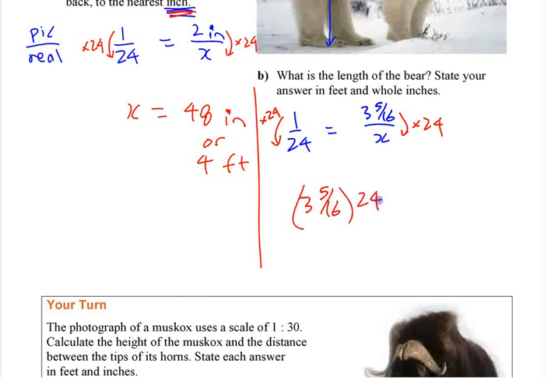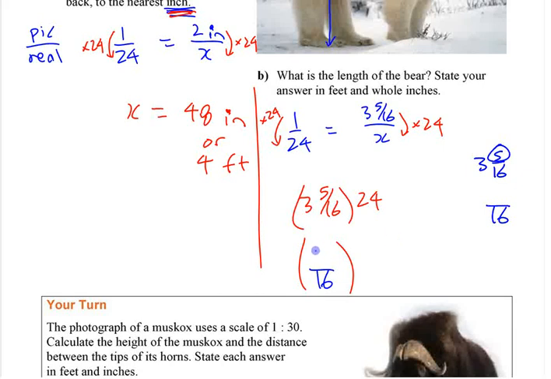Remember that we did stuff like this in the warm-up last week, where you're multiplying a mixed number. You can either use your calculator and put in 3 and 5/16, or change this to an improper fraction. How would you do that? 3 and 5/16, how do you change that to an improper fraction? How many sixteenths is that? 48 plus that 5, right?